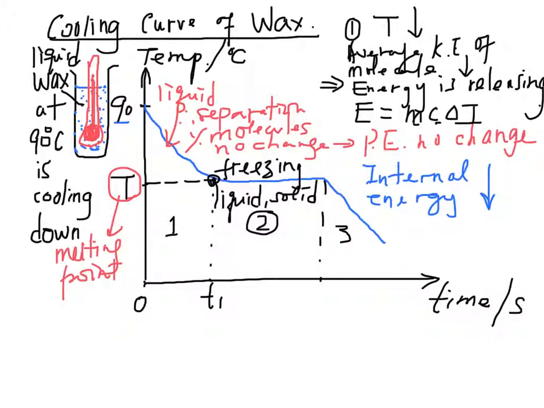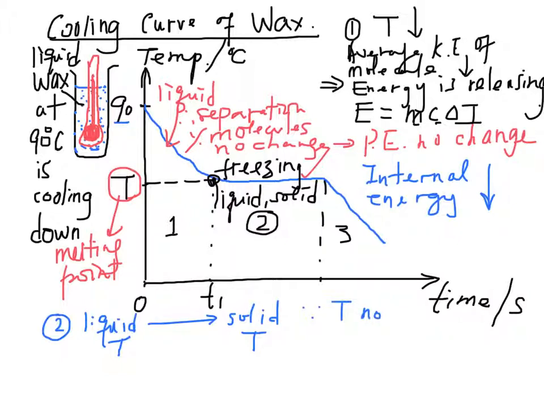Then what kind of energy changes when a substance is freezing? When a liquid is freezing to become solid at the melting point, there is no change in temperature. The temperature remains at T. Because temperature has no change, the average kinetic energy of the molecules, of course, remains unchanged.